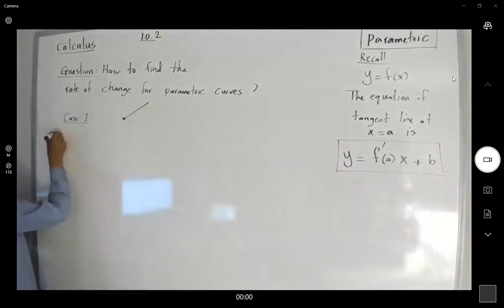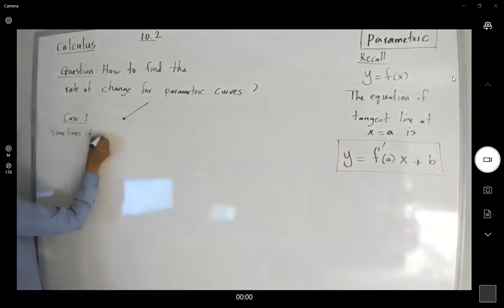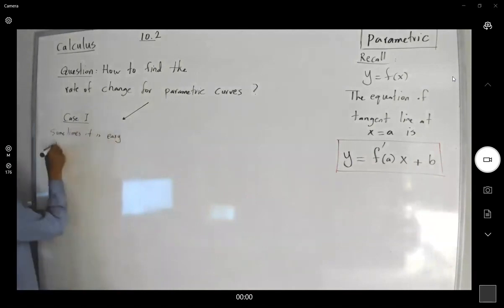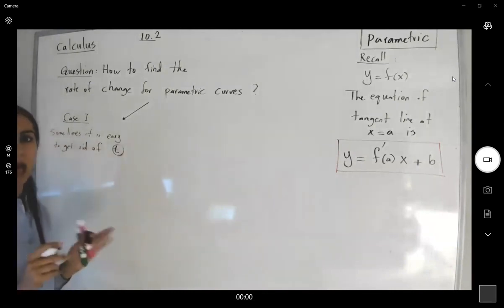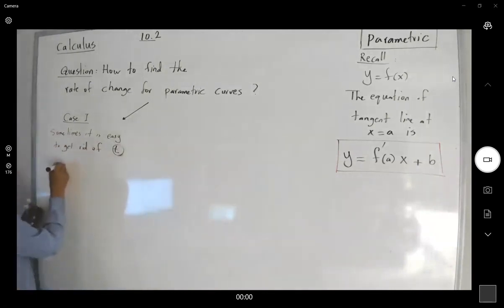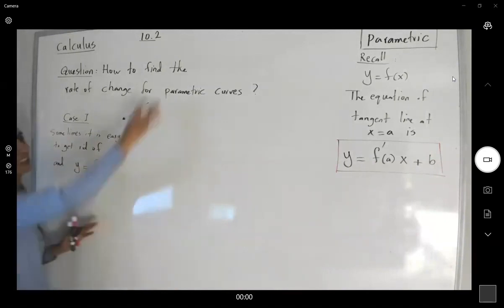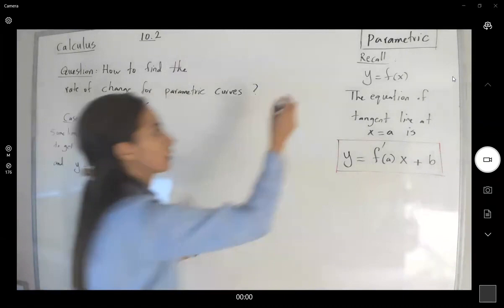Sometimes it is easy to get rid of t, the parameter, and write y equals f of x, then follow what you learned before.